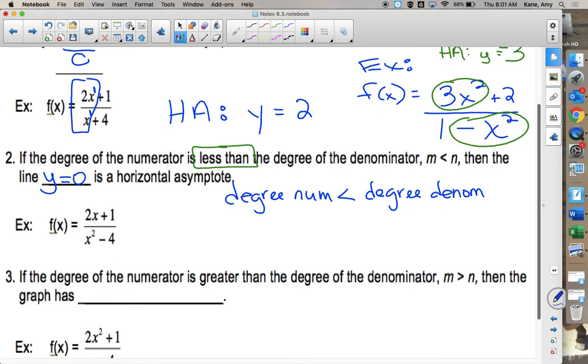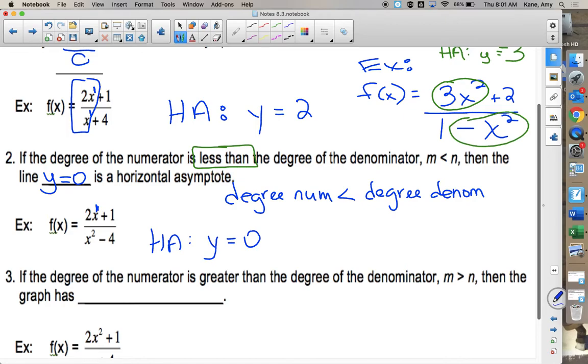There is no other asymptote. If the power on the top is less than the power on the bottom, it's always just y equals 0. So you'd have a line on the x-axis that would be our horizontal asymptote. So in this case, the power on the top is a 1. The power on the bottom is a 2. 1 is less than 2.